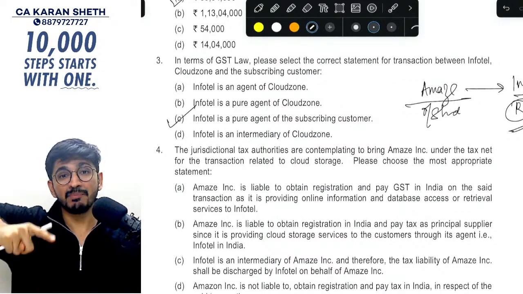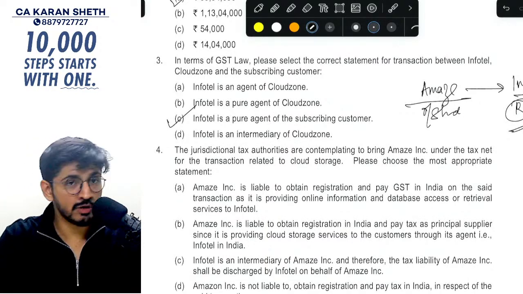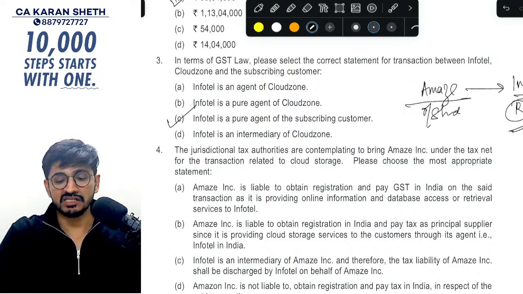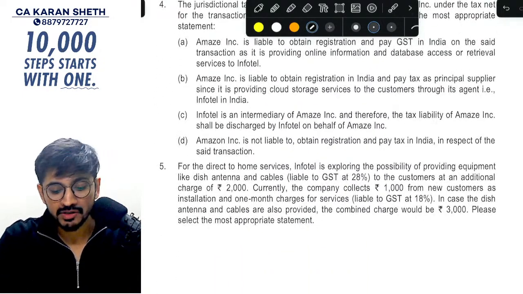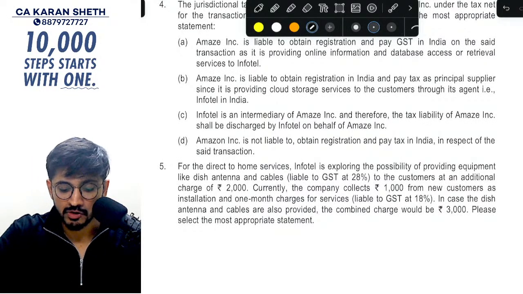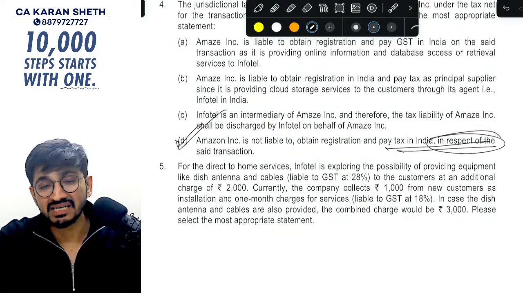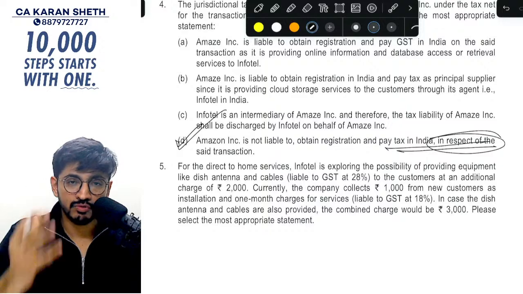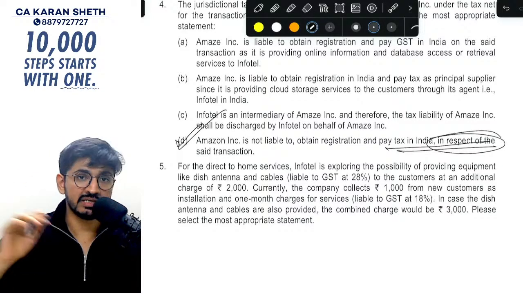But here, since the recipient happens to be a registered person, my dear friends, the supplier is absolutely not liable to register compulsorily under section 24, which is why Amazon Inc. is not liable to register here and pay tax in India, because under those transactions, it is the recipient who is going to pay taxes per RCM.